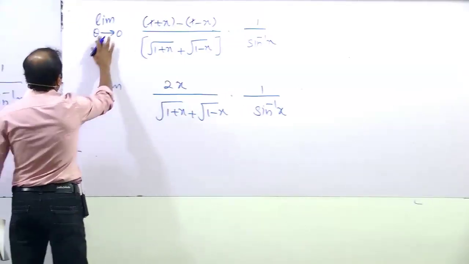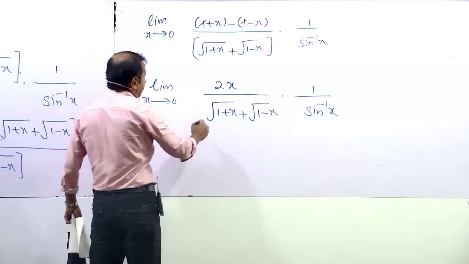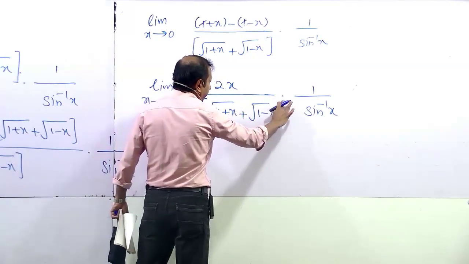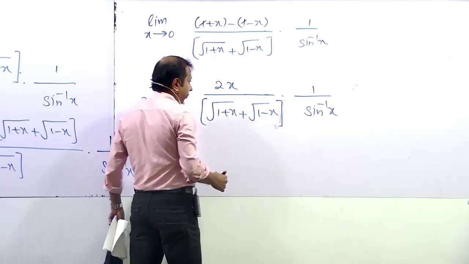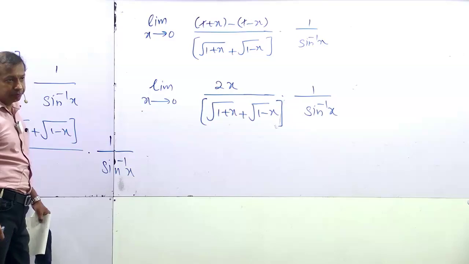Limit x going 0, not theta. X going 0. Right. This we have. This is what we have. Now, this is what we do next, people.